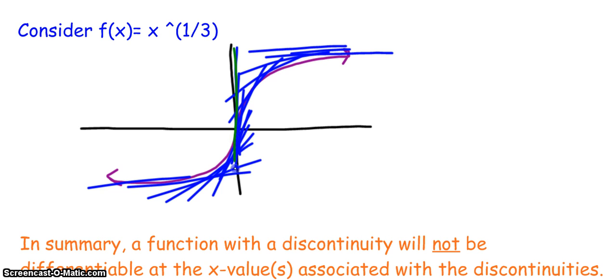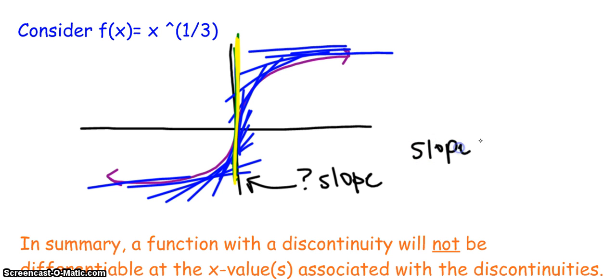Well, this vertical tangent, this one in green, I'm actually going to make it yellow so it stands out a little bit more. If we're talking about the derivative being the slope of the tangent line, what is the slope of this yellow line? Hopefully you just told yourself the slope is undefined at a vertical tangent.